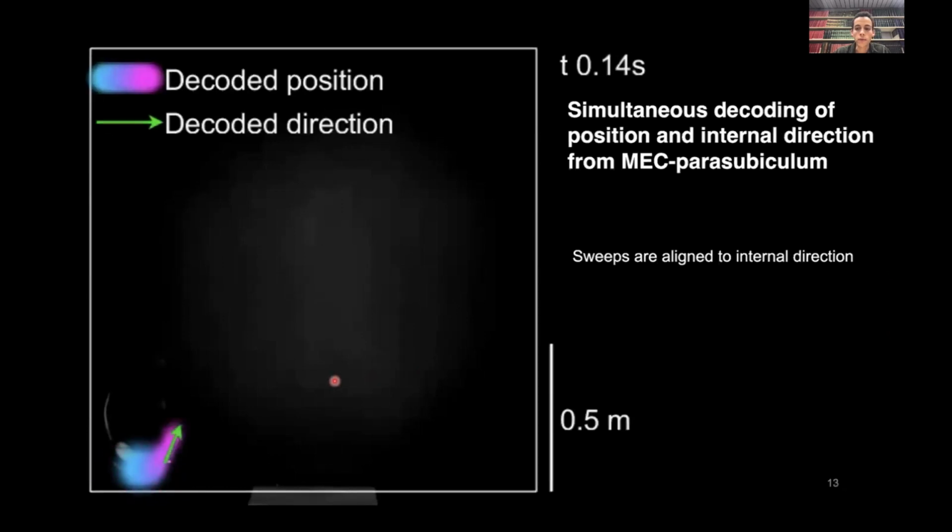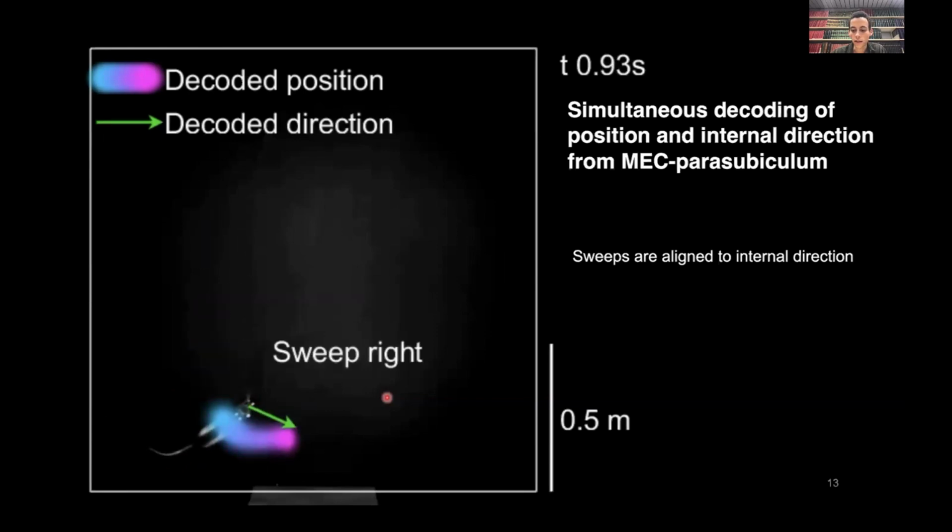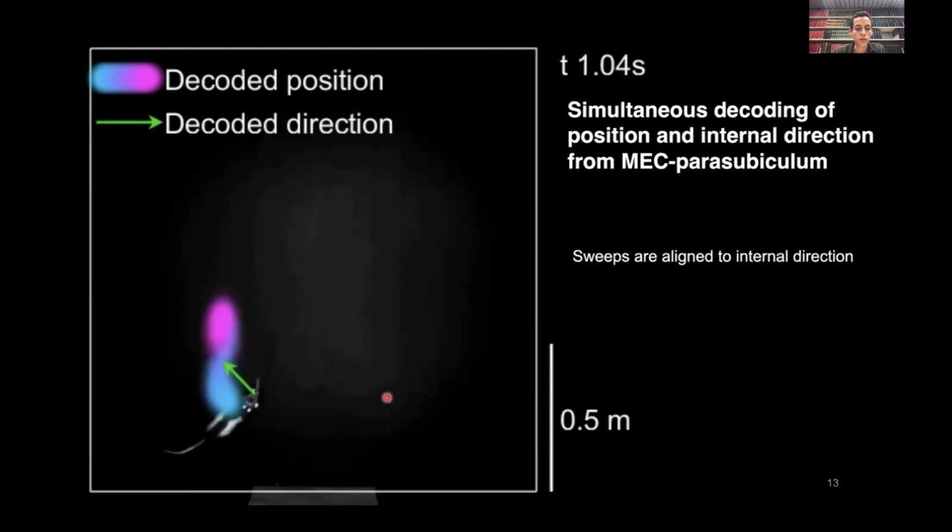And what we found is that these trajectories to the left and right are actually coordinated with a decoded signal from internal direction cells. So what we take from this is that these grid cells are actually not just coding for the animal's position, but also these locations around in the environment.